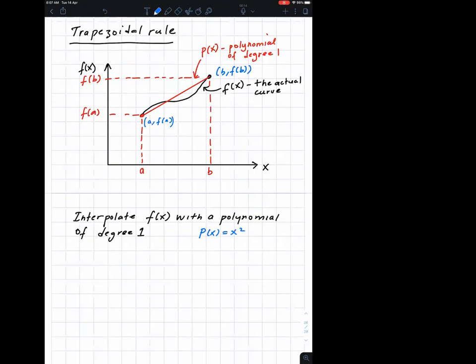This is degree 2. So we want to get a polynomial of degree 1. There can be another constant here, C or something. So something like this, a polynomial of degree 1. A polynomial of degree 1 is a straight line.